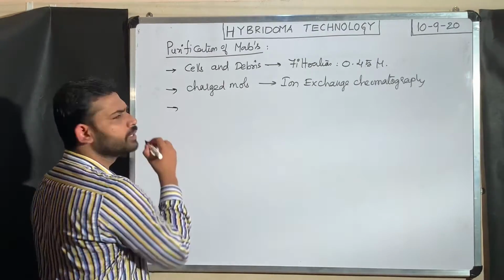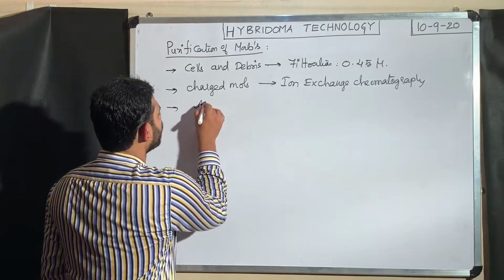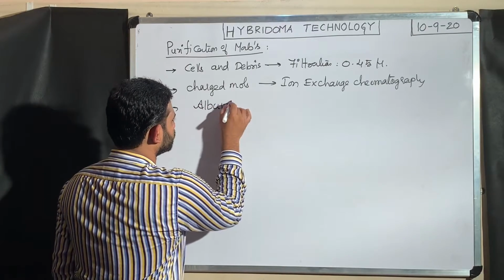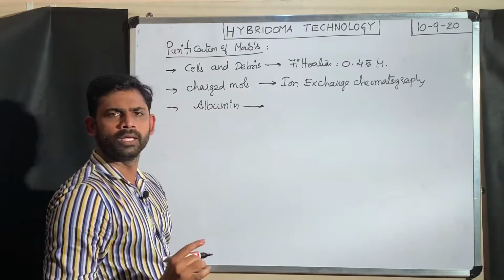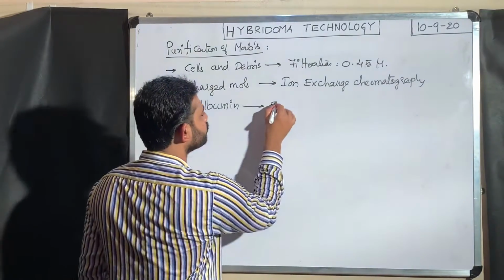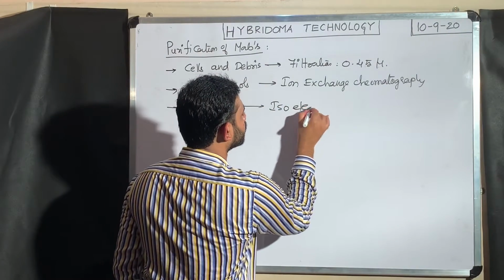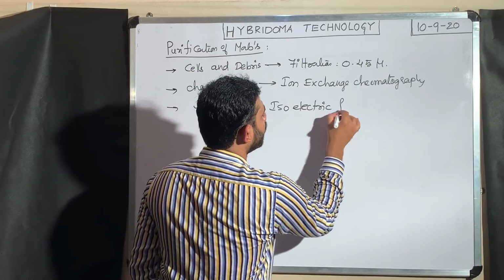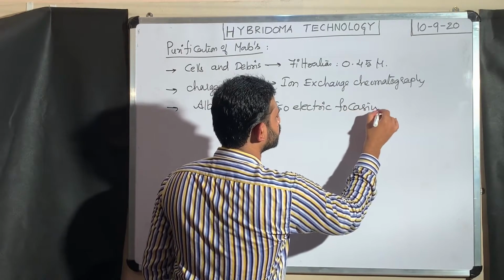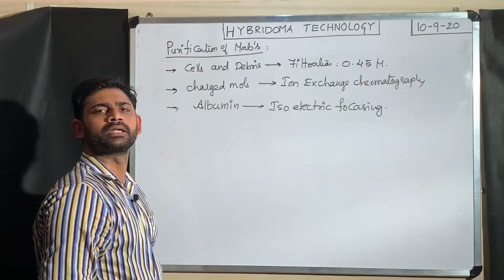For example, if the medium contains a protein like albumin, a protein like albumin we can remove through isoelectric focusing. This is one of the very important techniques.